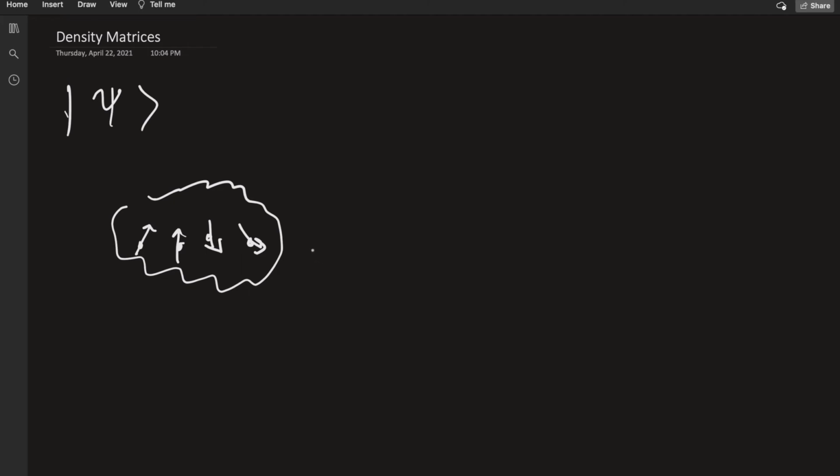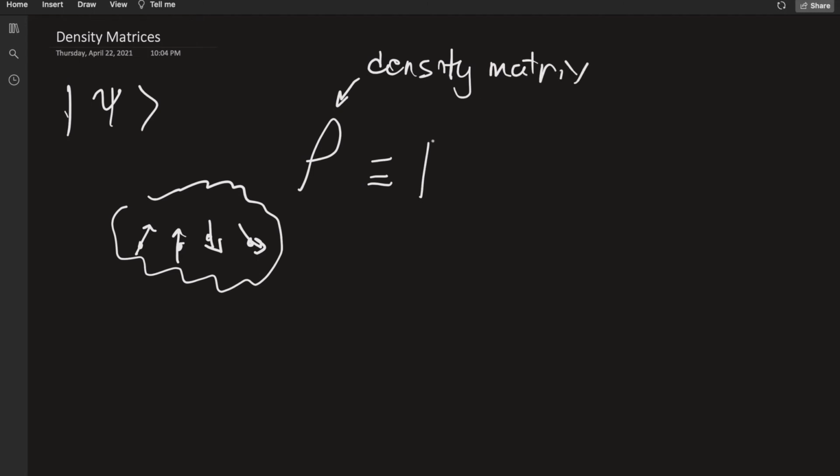So it's convenient for us to use rho again, because it reminds us of probability and density: P for probability, rho usually used for density. And how do we define this? We define the density matrix as the outer product of the state.